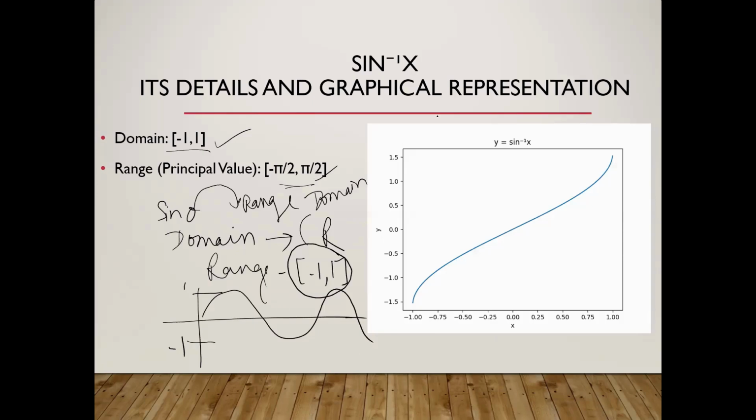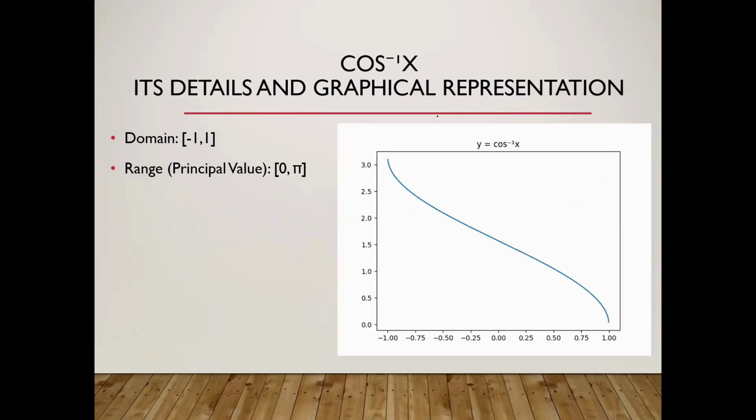Okay. Moving further, cos function. So if you talk about the cos function, it goes like that, right? So what is the domain? Domain remains same, -1 to 1, no change at all. But when we talk about the range, it becomes 0 to pi. 0 to pi means here to here, and you know why.